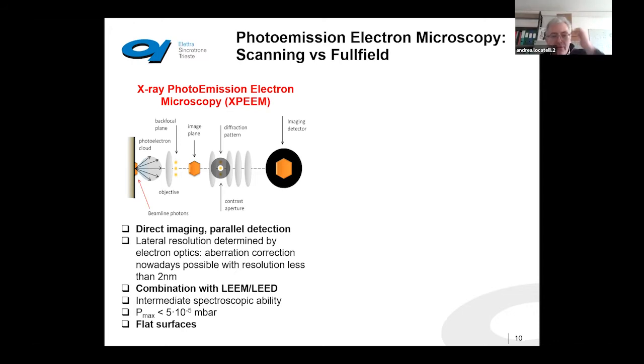So here the lateral resolution is determined by the electron optics, and mostly it's the first lens, the objective lens, that determines the performance of the instrument.